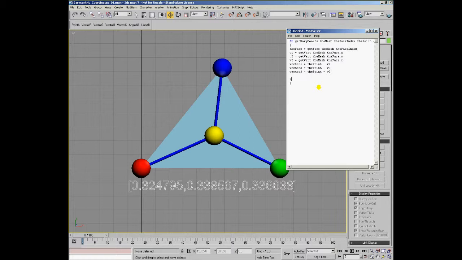Now we can create the cross product of vector 2 with vector 3, another cross product of vector 3 with vector 1, and a third cross product of vector 1 and vector 2.